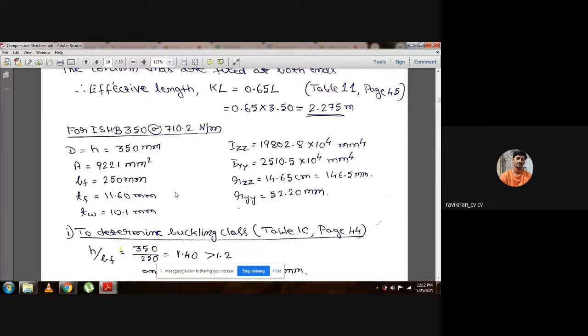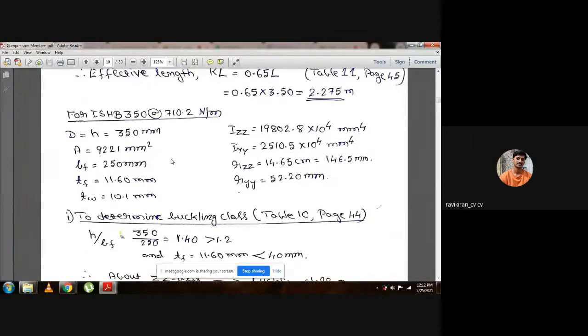If you do not open the steel table or code book at this moment, it will be very difficult to understand or open whenever you are alone. Open and check now itself, and cross-check these I_zz values, I_yy values, and radius of gyration in the Z direction and Y direction. I hope you all got these values from the steel table.